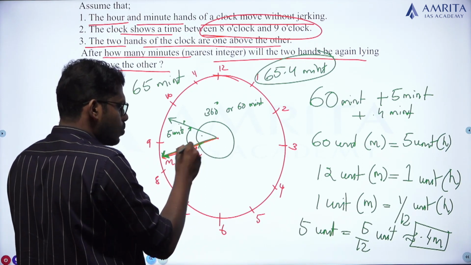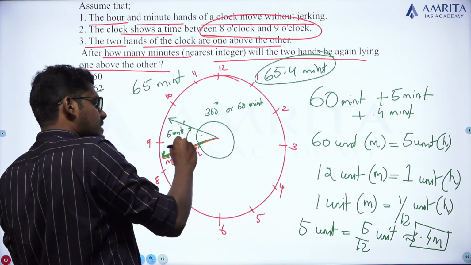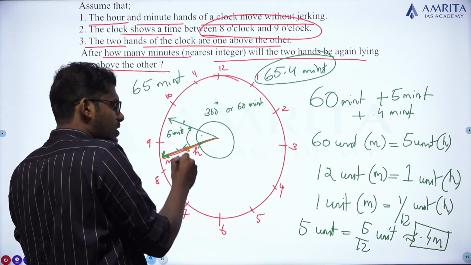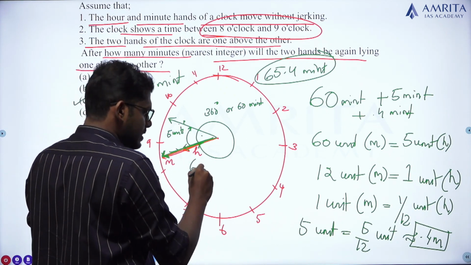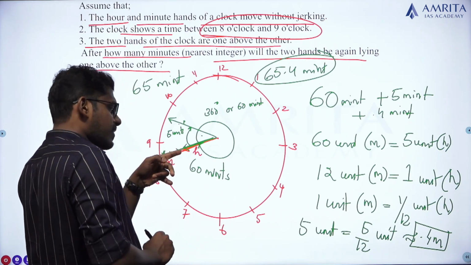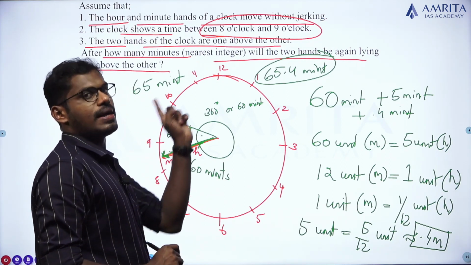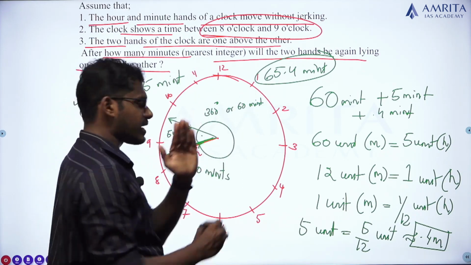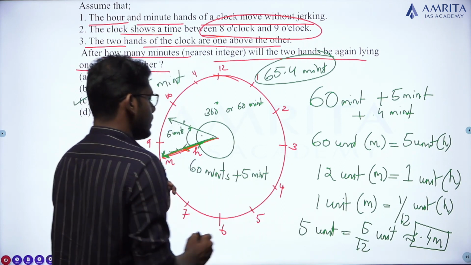If initially the two hands were lying one above the other, the minute hand will definitely have to cover 360 degrees to reach this position. That is, it has to take 60 minutes. But when it reaches here, the hour hand will have moved 5 minutes or 5 units towards the right.